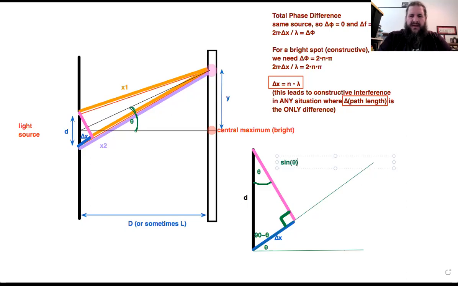Yeah, sine theta is going to be opposite over hypotenuse, so that's delta x over d. Solve that for delta x, and what do you get? How would you isolate delta x here? d sine theta. Yeah, multiply both sides by d.